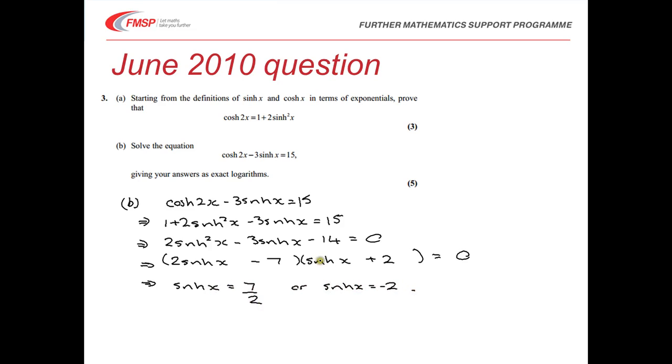Now both of these are possible because sine x will take all real numbers, so you can have sine x is 7 over 2, and you can also have sine x equals minus 2. Now what we're going to need to use here is our log expression for inverse sine. So in the first case we have x is inverse sine of 7 over 2, and of course in the second case we have x is inverse sine of negative 2.